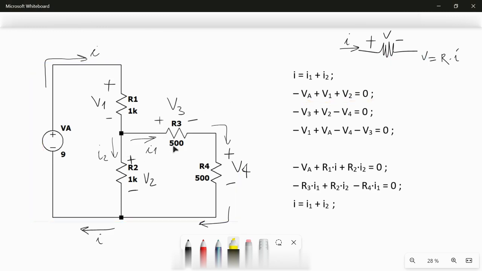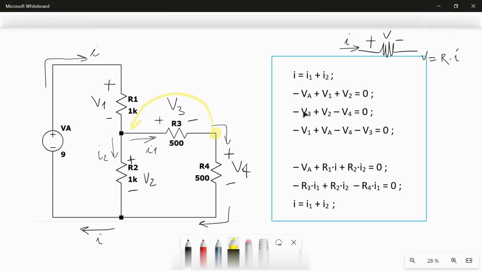Now continue with mesh number 2. This mesh here. And I start from a random point. I start, for example, from this point here, and I go in this direction, and I continue like this. So I find V3 with the minus sign first on my path.